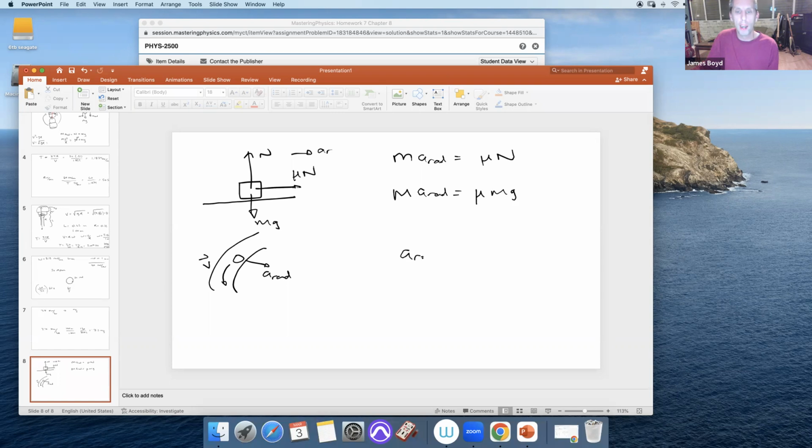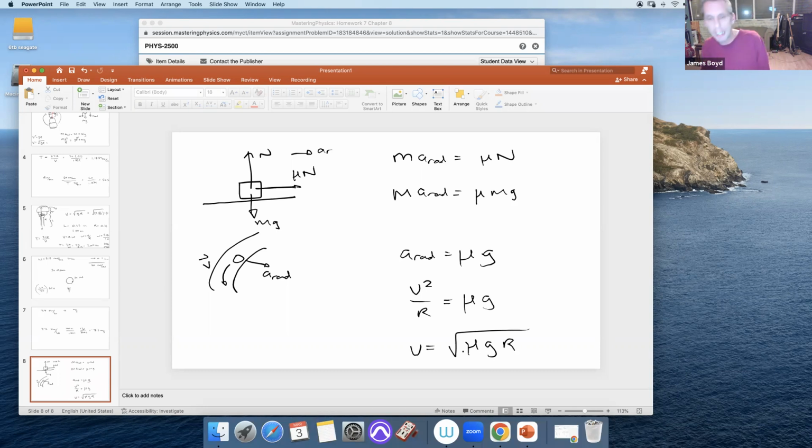So our a rad is mu g. Cancel your m's. Or v squared over r is mu times g. Or v is the square root of mu g times r.